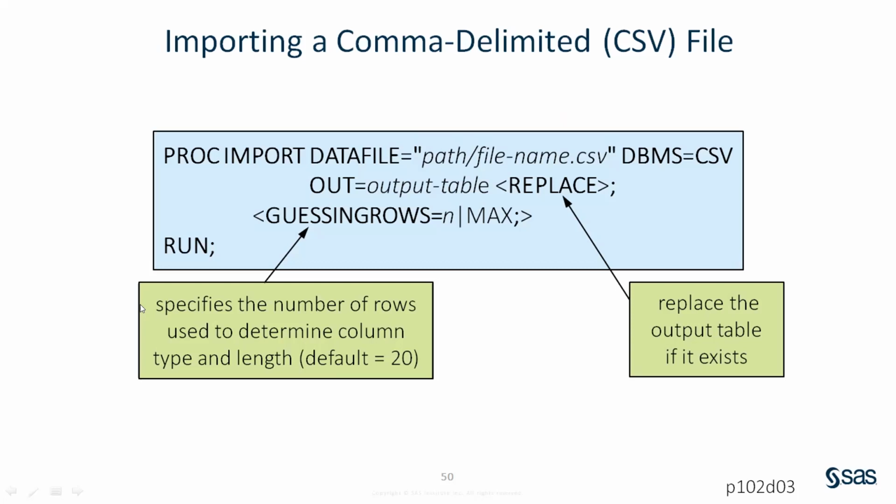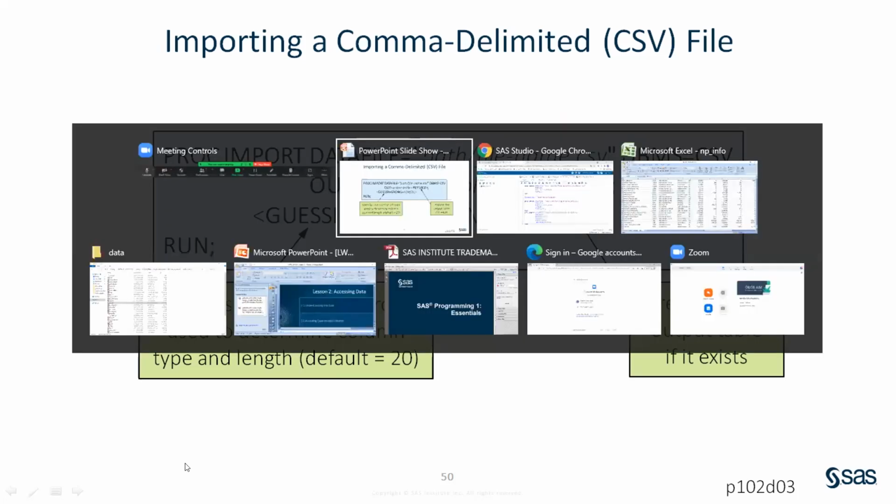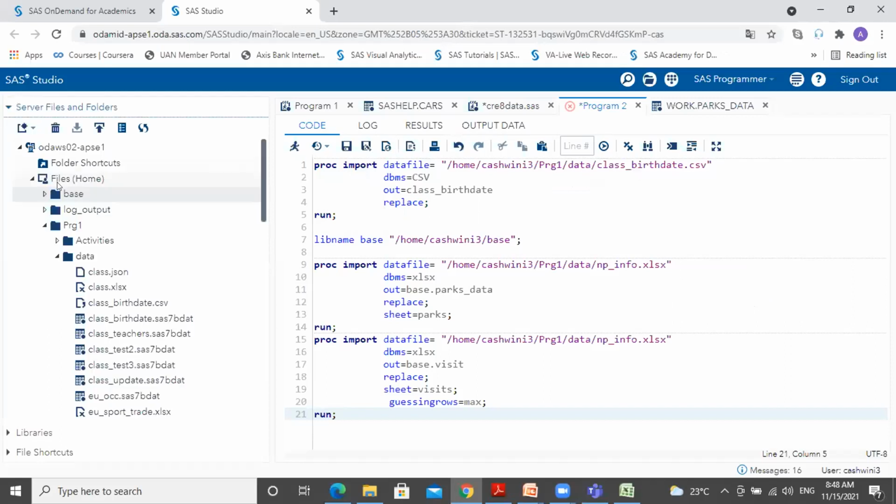Which file do we have to run? Visit, parks, NP1 only. So NP1.